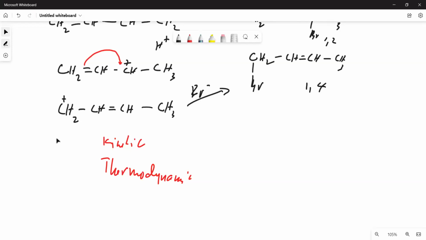So kinetics and thermodynamics have a synergistic effect on that reaction. The more stable the product, the faster.